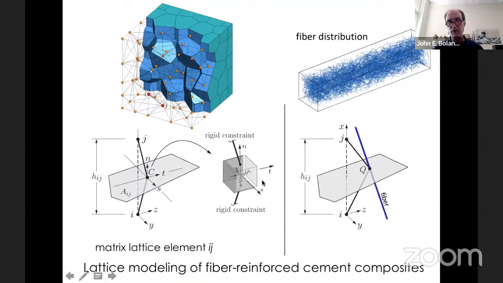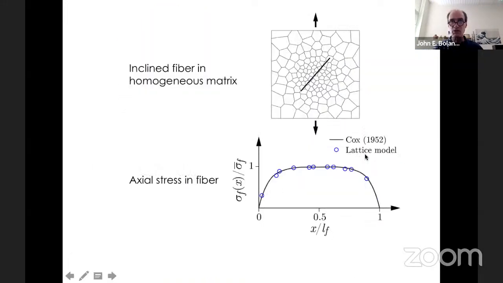And it follows the same ideas for the 3D volume of material, but now there's just one spring, and the spring is aligned with the direction of the fiber. And because our matrix is elastically homogeneous, this is before cracking, we can simulate the stiffening effects of the fiber over its interior and the shear lag effect at the ends of the fibers.